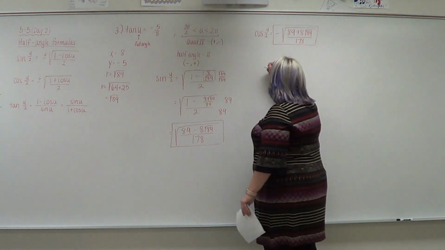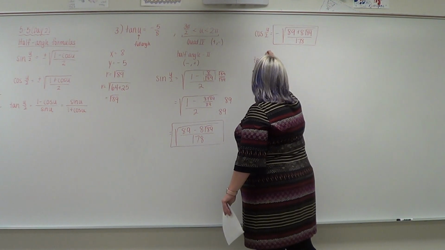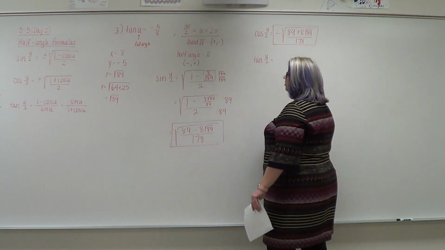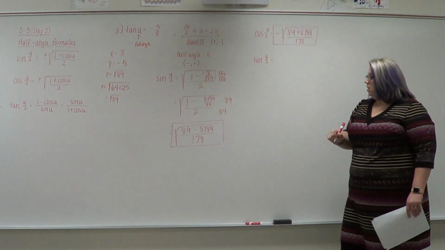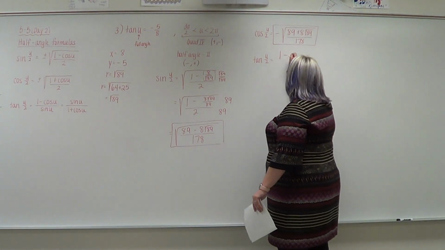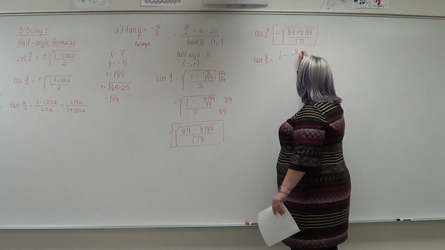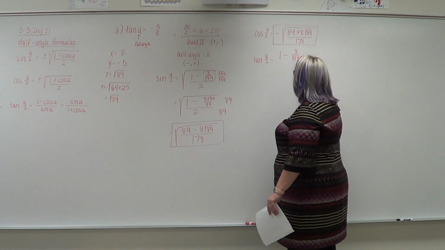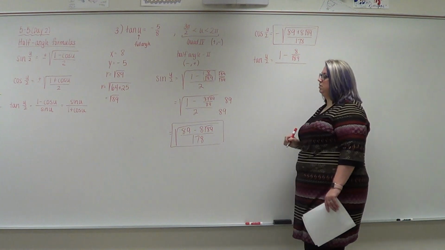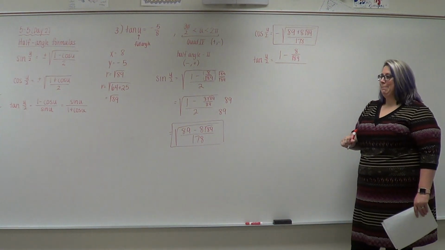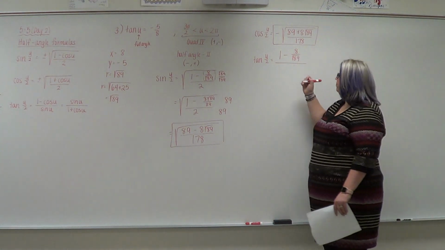Okay, tangent, do you have a preference on which one to use? First one. So 1 minus the cosine, so 8 over square root of 89, divided by, okay, what's the sine? Negative 5 over square root of 89.